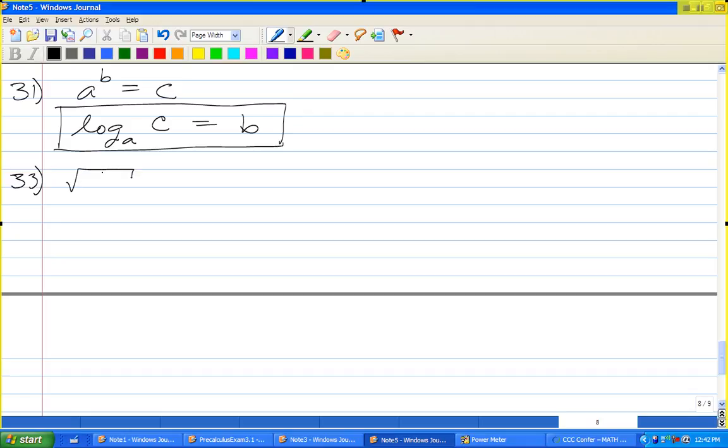The square root of 3 is 3 to the 1/2. So this can be written in logarithmic form as the base is 3, the result is radical 3, and the exponent is 1/2.